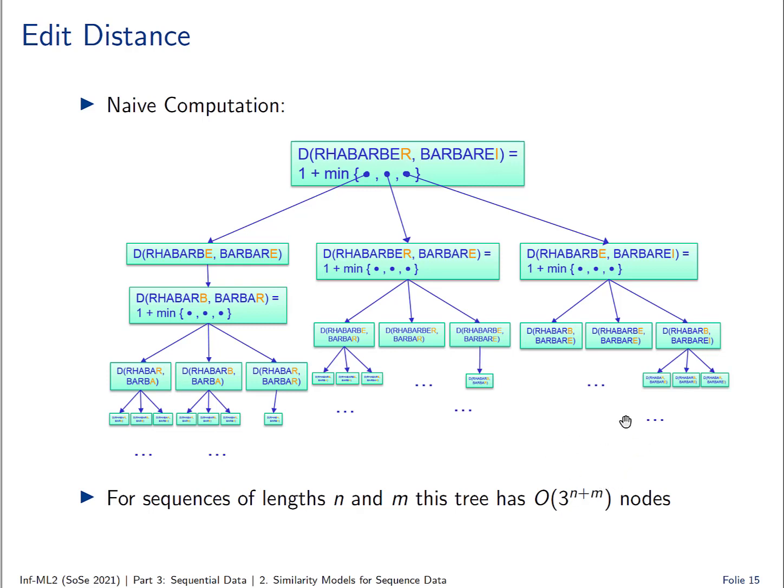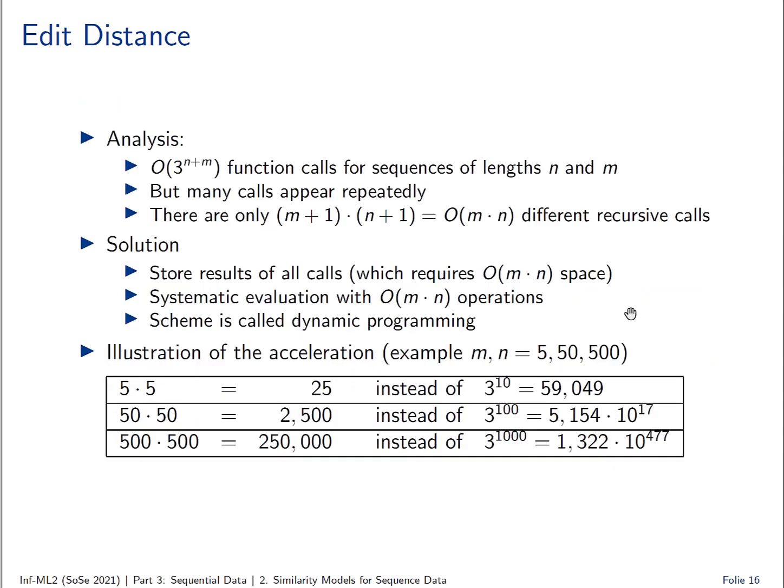Well, if we analyze this naive computation a little bit closer, we'll see that there is some kind of redundant overhead that we do. First of all, we just agreed that we have this 3 to the power of n plus m function calls in the worst case for the sequences of length n and m.